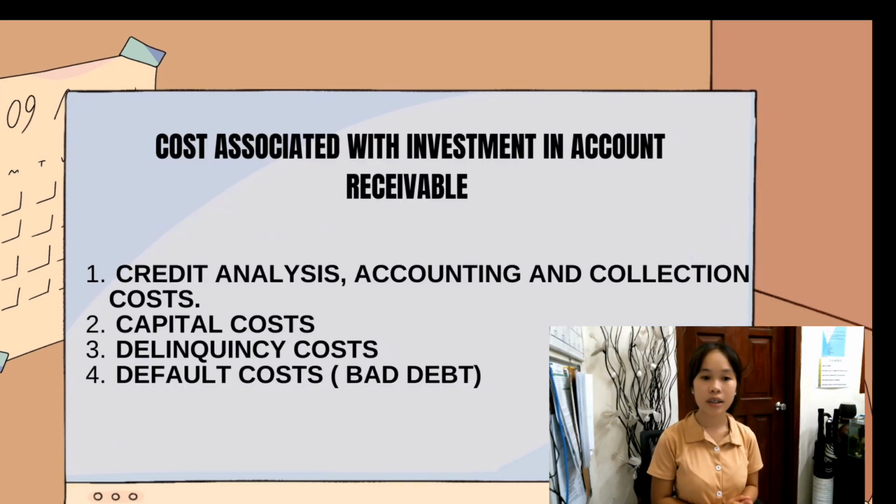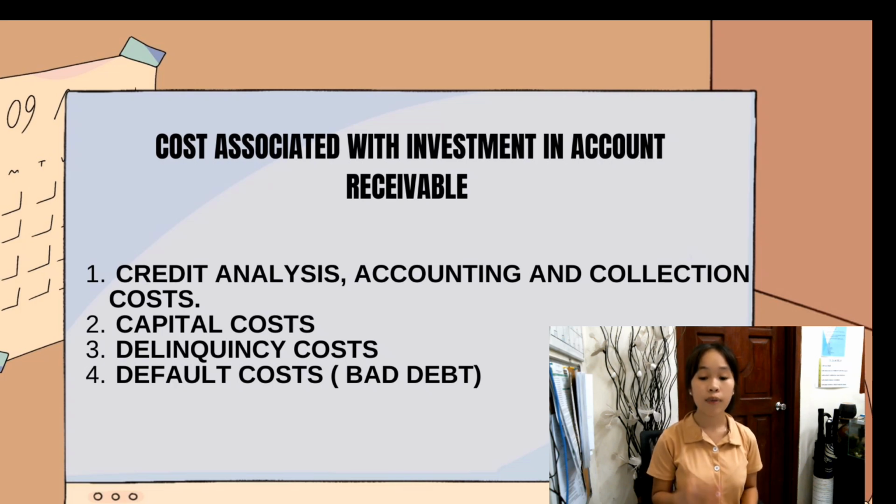And now we proceed to the next topic, which is costs associated with investment in accounts receivable. First is credit analysis, accounting and collection costs. Second is capital costs. Third is delinquency costs. And fourth is default costs or bad debts. So first, we discuss the credit analysis, accounting, and collection costs.